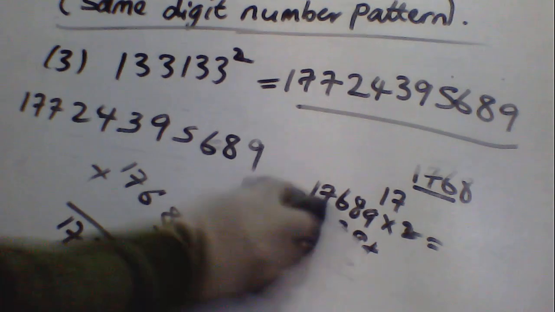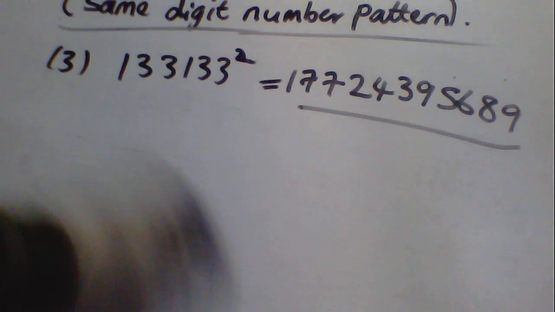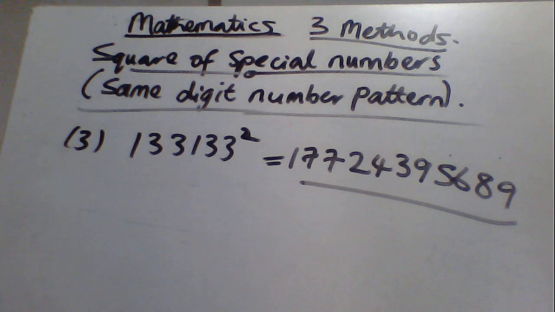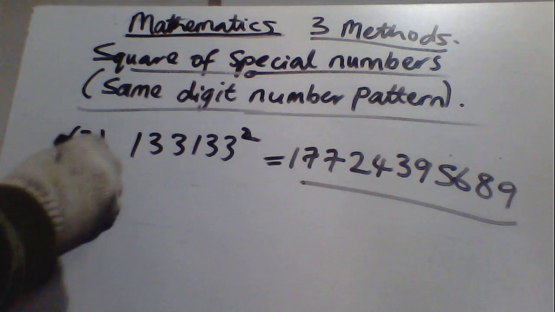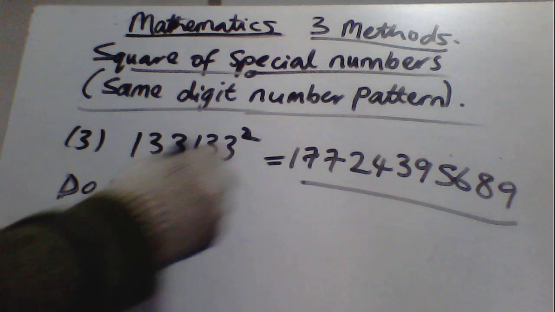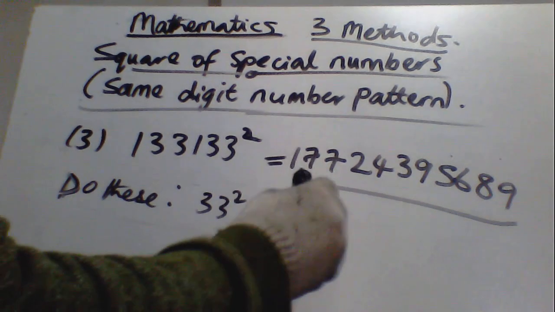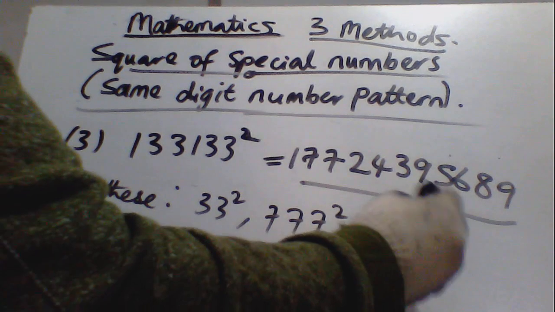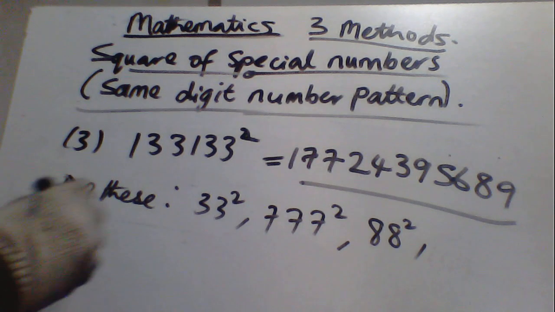I hope you enjoyed this lesson. Do this once for me before we call it a day. I would like you to do this one for me. Find the squares of these numbers. So you have 33 squared, you have 777 squared, 8 squared, and then you have 91 squared.